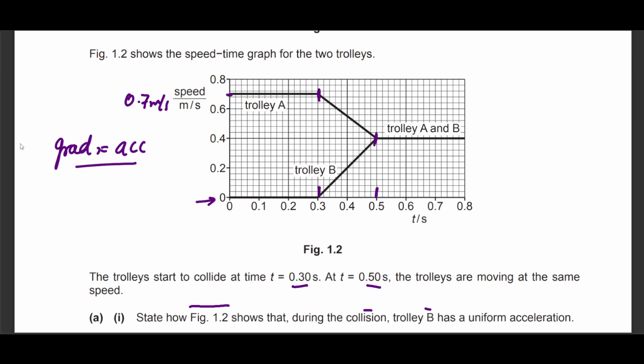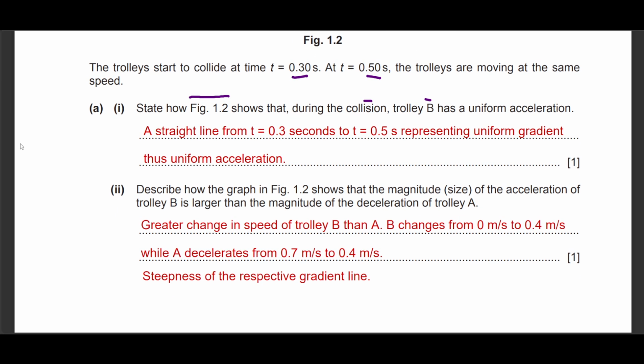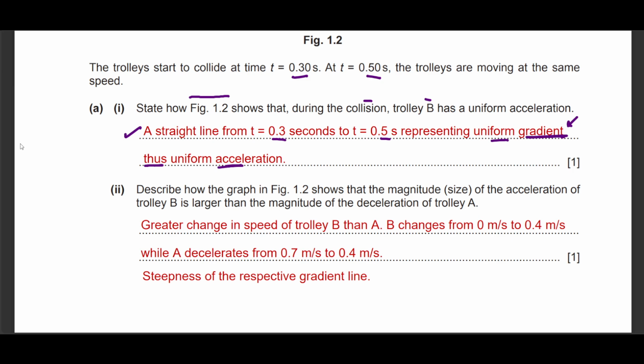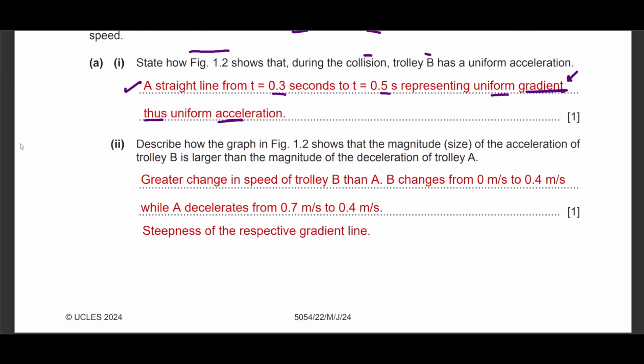If the gradient is constant or uniform, then the acceleration is uniform or constant. Gradient is the steepness of the line, how steep the line is. So a straight line from this section to this section represents uniform gradient, thus uniform acceleration. You have to mention gradient somehow to show the examiner that you have the necessary knowledge for this.